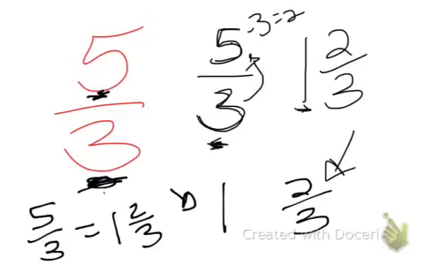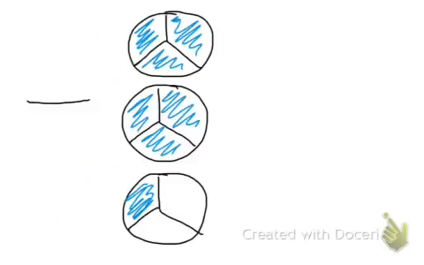Now I'm going to show you another example of how to do it that way. Before we start this problem, I want to challenge you to see if you can tell me what improper fraction that represents. Pause and write that down. Okay, what are we splitting each whole into? We're splitting each whole into 3, so 3 is our denominator. And how many do we have?